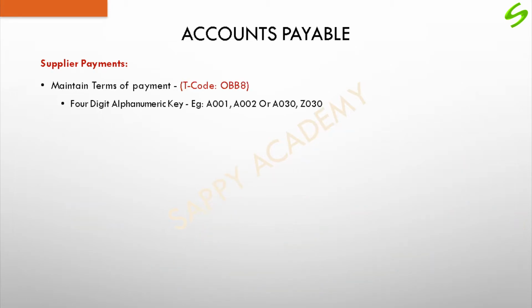Let us move on. Let us look at the maintenance of payment terms. To maintain the payment terms, we use transaction code OBB8. When we define the payment term, we use a 4-digit alphanumeric key. For example, it can be A001, A002, 3, 4 and so on. Or we can use A30, A60, A45.